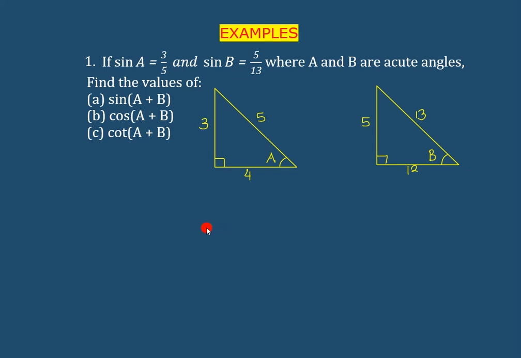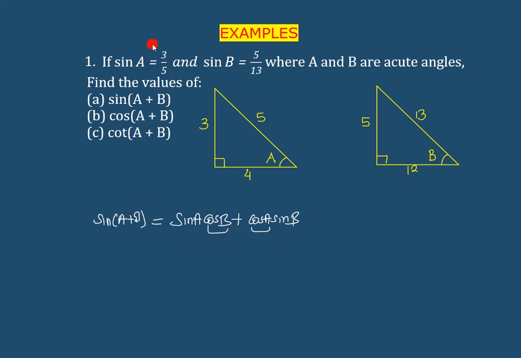They gave us that if sine of A is equal to 3 over 5 and sine B is equal to 5 over 13, where A and B are acute angles, find the values of sine of A plus B, cos of A plus B, cot of A plus B. We know that the sine of A plus B is equal to sine of A cos B plus cos A sine B. And from what they have given us, they didn't give us any cosine of B. We don't have cos B, we don't have cos A.